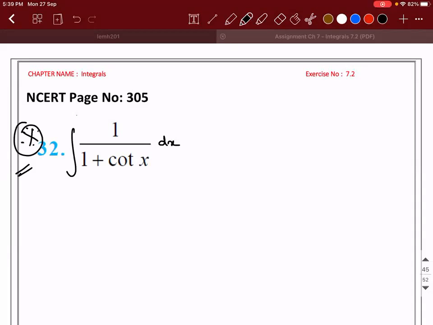How to do? What is the first step? Integral of 1 divided by 1 plus.